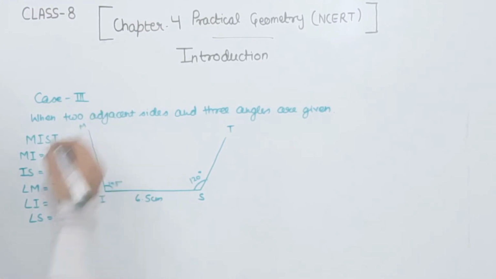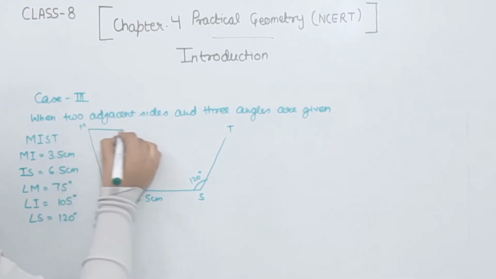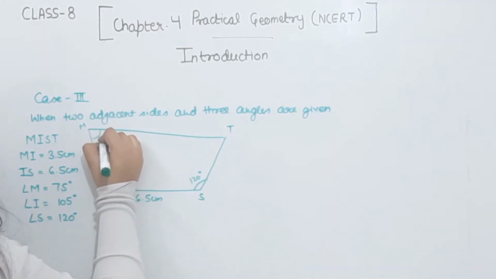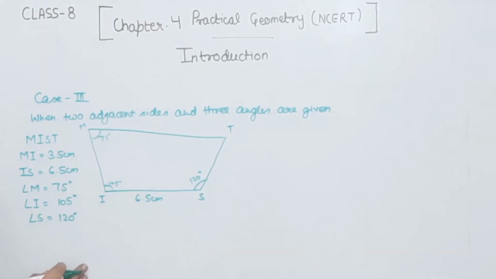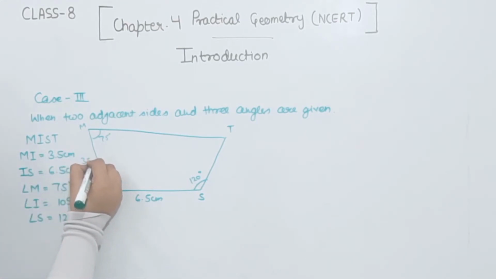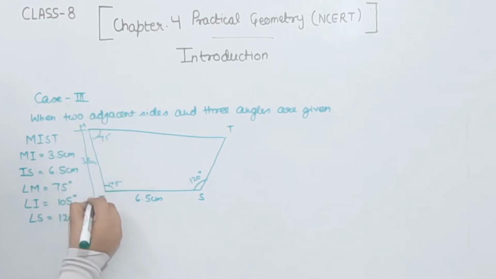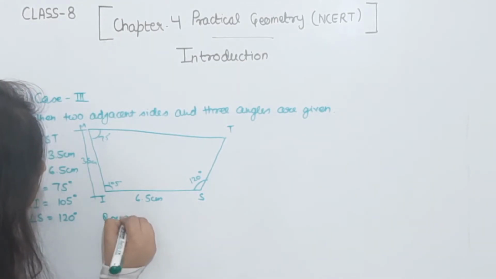Now this is the point M. And the angle M is 75 degrees, so I am going to draw this one. This is the 75 degrees. And we have MI as 3.5 centimeters, from here to here. So this is the rough sketch of the given quadrilateral MIST.